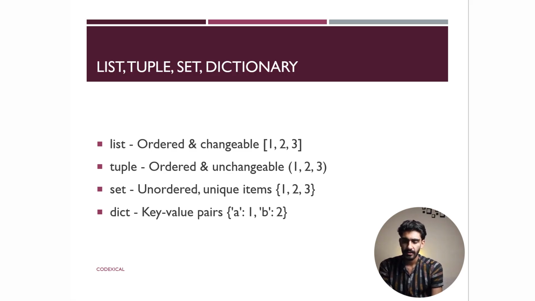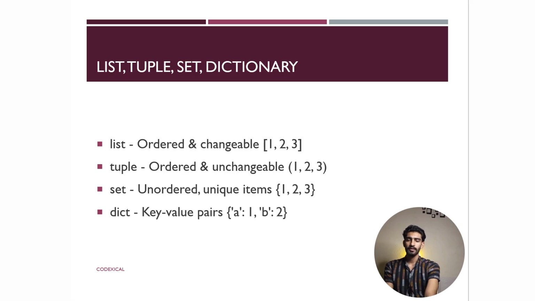So the next is sets. Sets are unordered and contain unique items. They don't contain duplicate items, and are represented with curly braces on both sides, with items separated by commas. And dictionaries are key value pairs, which contain a key and its value.